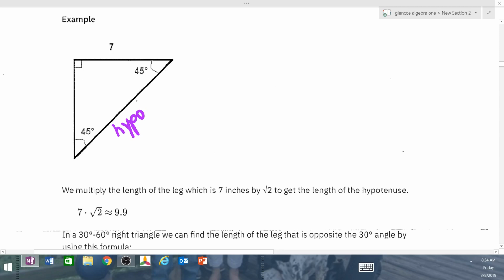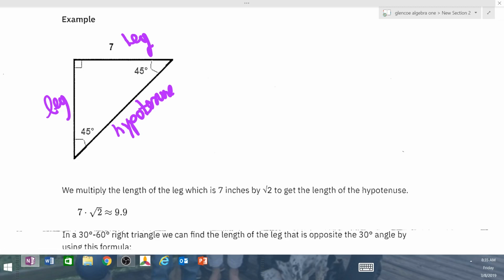So that's the hypotenuse. So hopefully you understand that it doesn't matter if we call the side that measures 7 units leg A or leg B. They're both legs. The two legs are what form the right angle.